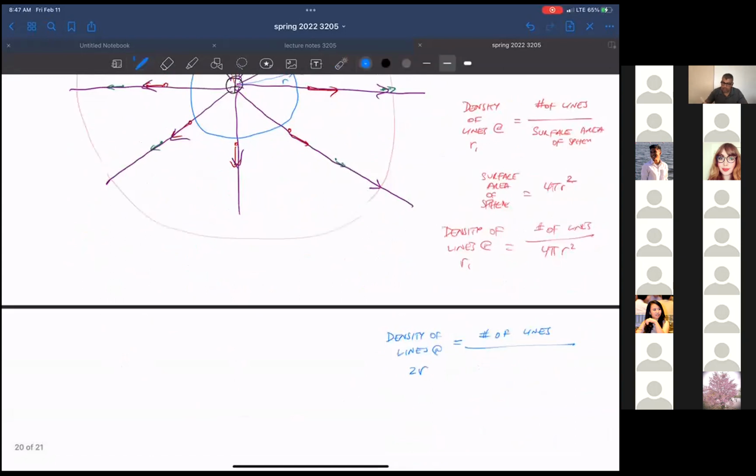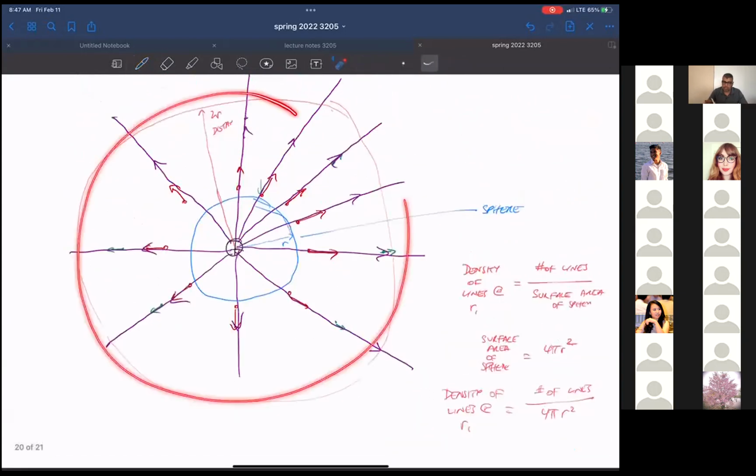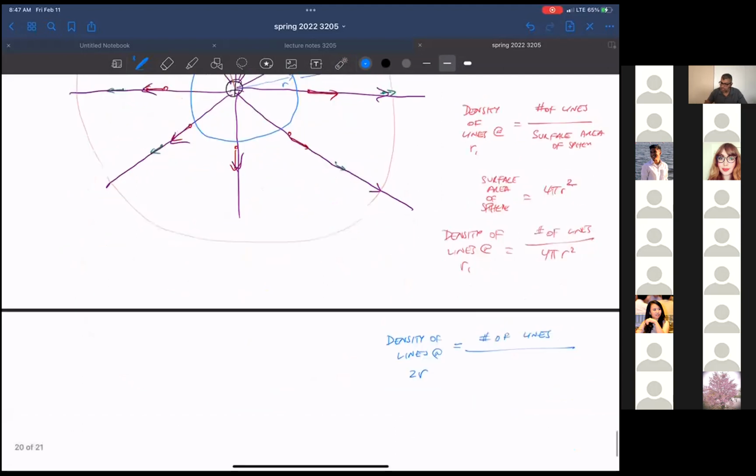But the denominator, the surface area of the sphere, is bigger in this 2r case, right? It gets much bigger. The equation for that is 4 pi (2r) squared, equal to the number of lines over, what is it, 8 pi r squared?